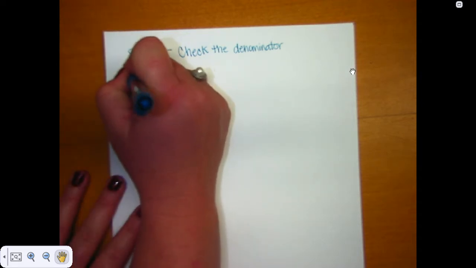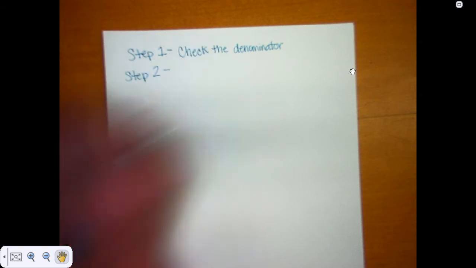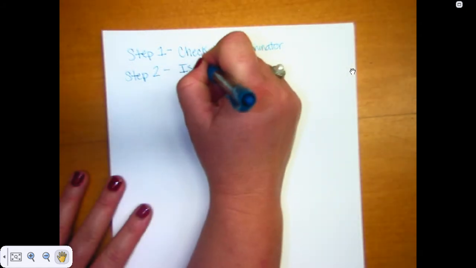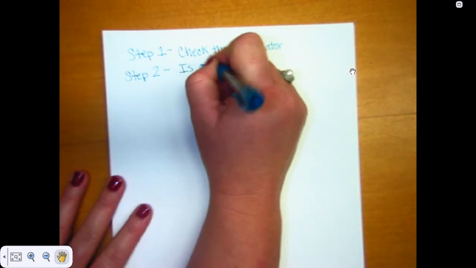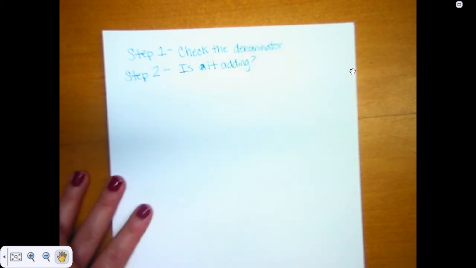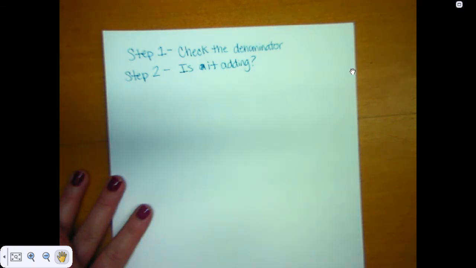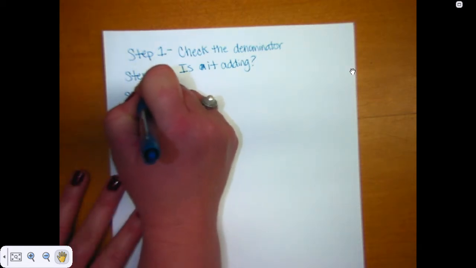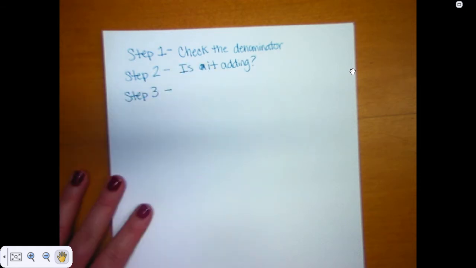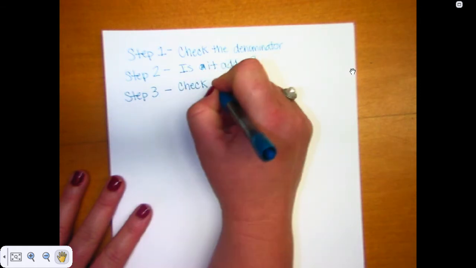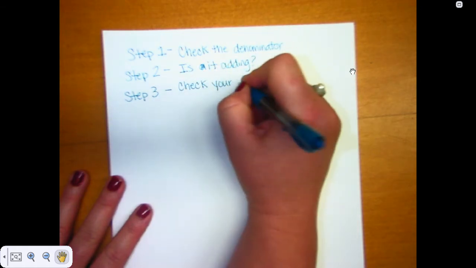Step 2, you need to check, is it adding? If it's not adding, then you can't follow your rules. So make sure that it is an adding problem. Step 3, check your signs. Remember, your signs are what tell you whether you're going to add or subtract.